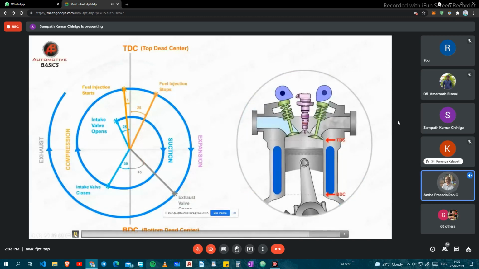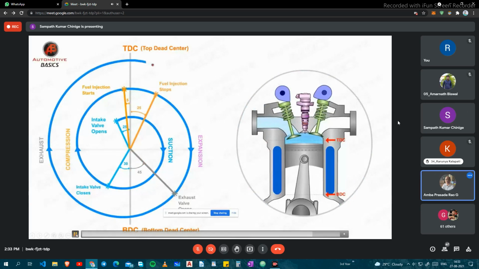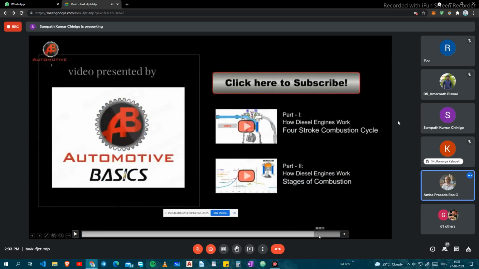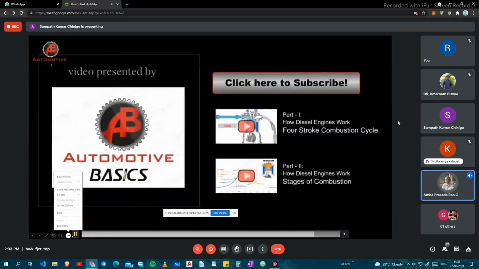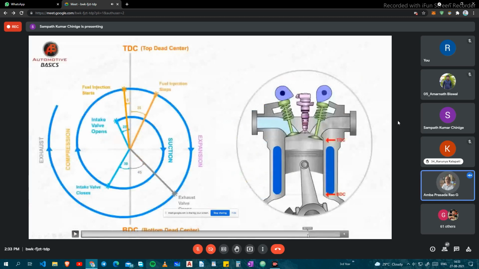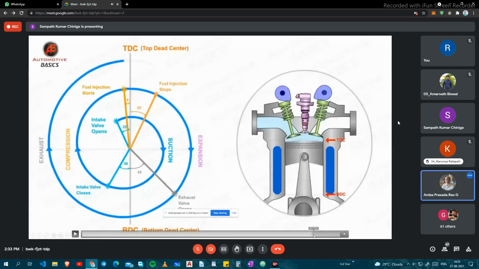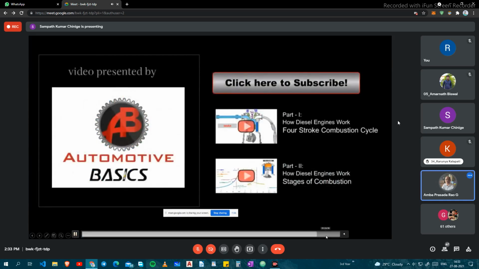So it is coming to the end, which means the one cycle is not yet completed. The inlet valve of the following cycle gets opened. So before TDC, see, it is before TDC, whatever points are there.